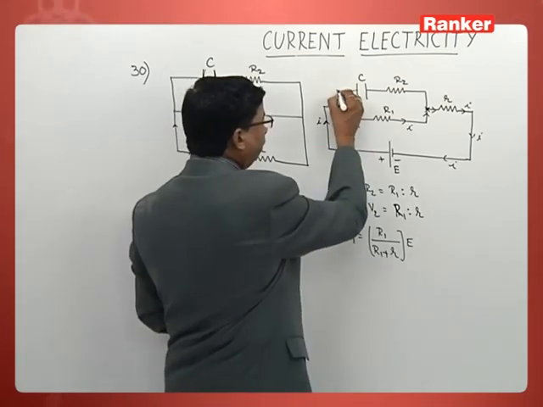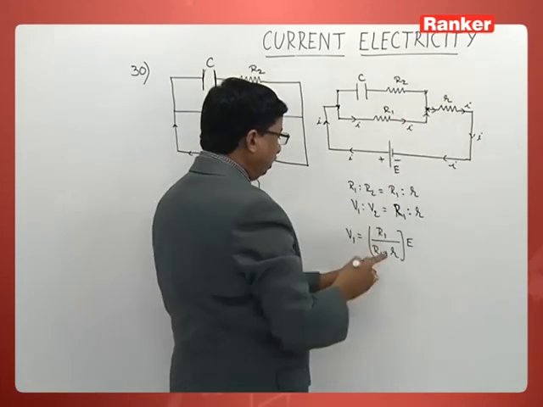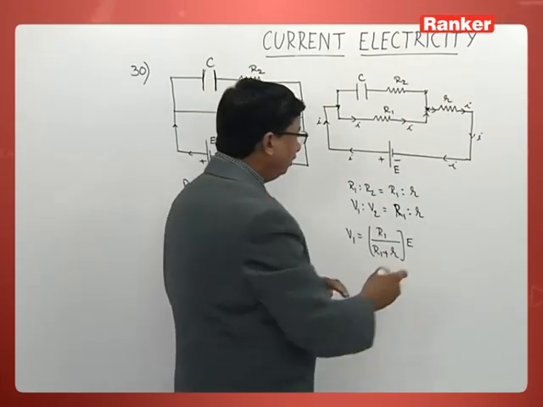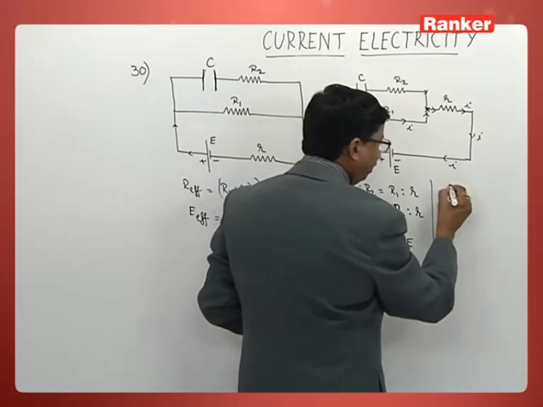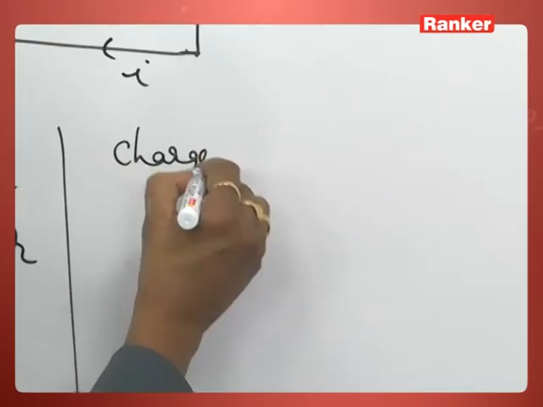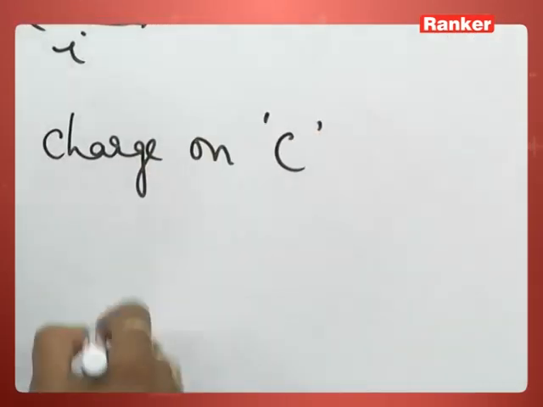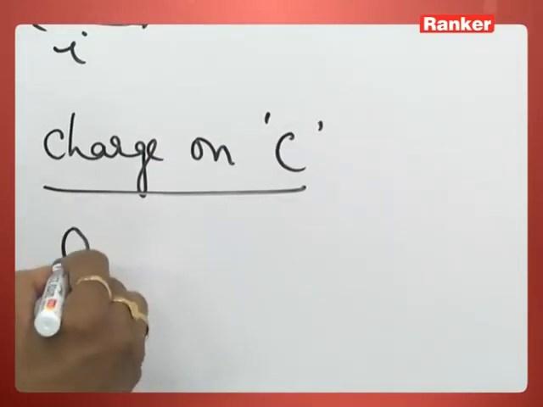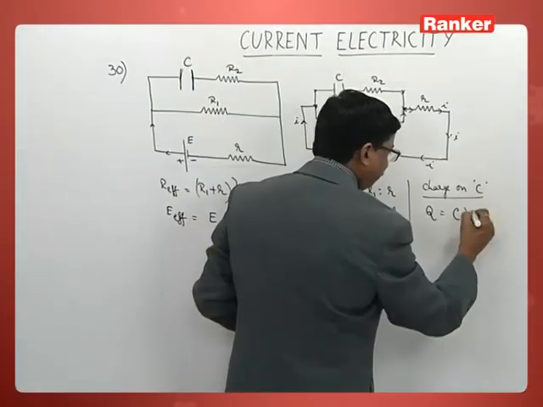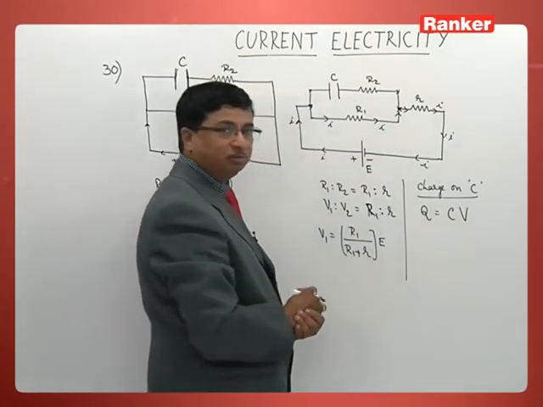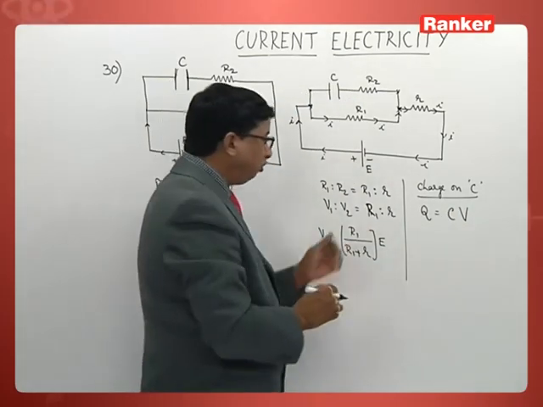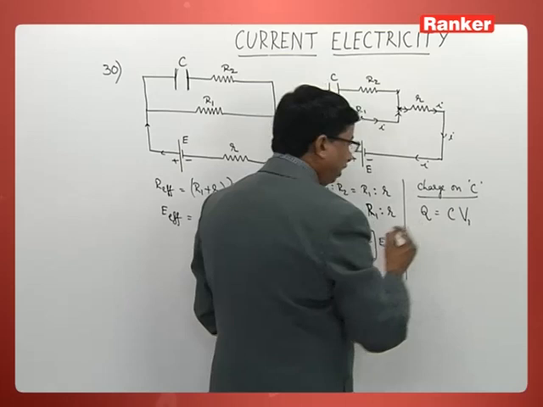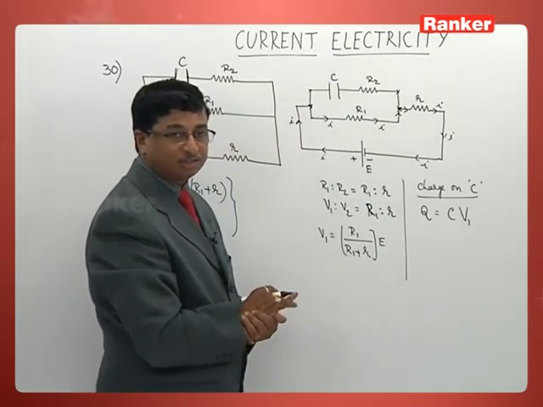So across this one also, the potential difference will be the same. Therefore, I can now write the charge on C. What is charge actually? Q is equal to CV, that is the formula. Which V should be taken now? It should be taken as V1, that is the concept.